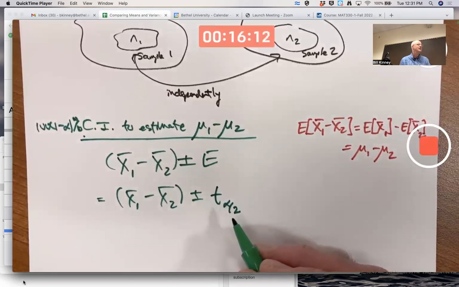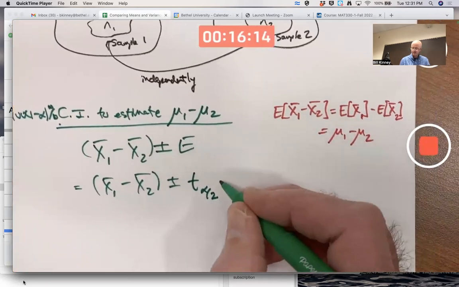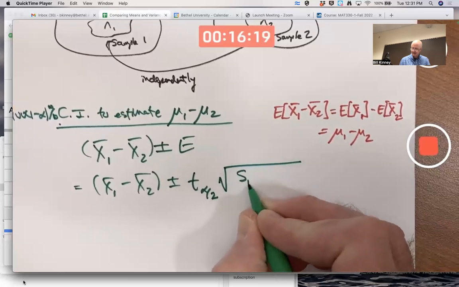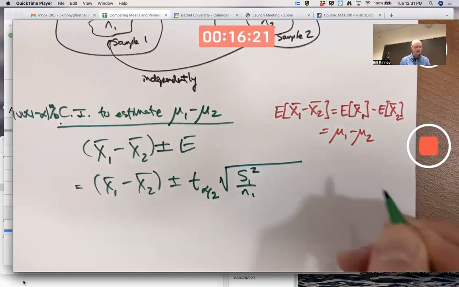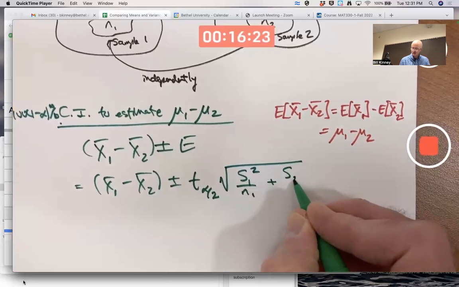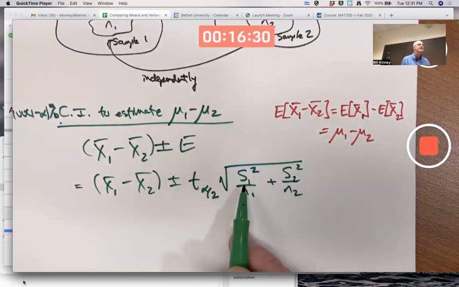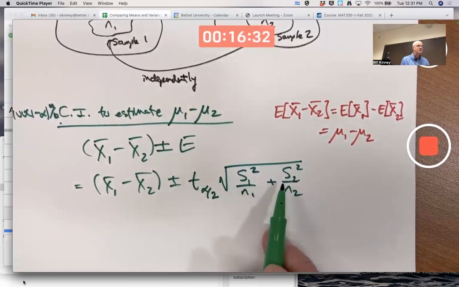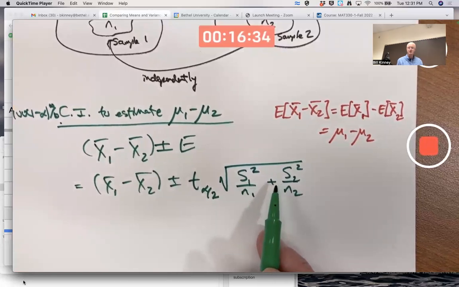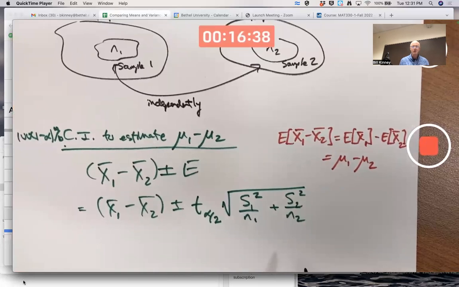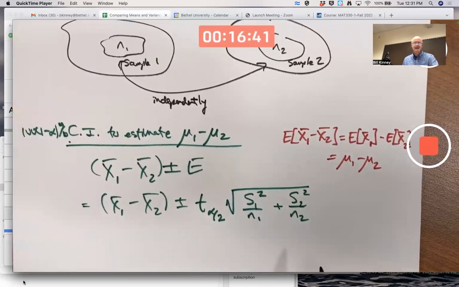In general, the best thing to use here is the square root of S1 squared over N1 plus S2 squared over N2, where S1 squared is the sample variance for population 1, S's, not sigmas. S2 squared is the sample variance for sample 2 from population 2. N1 and N2 are the two different sample sizes. However, this is not always the formula that's used.